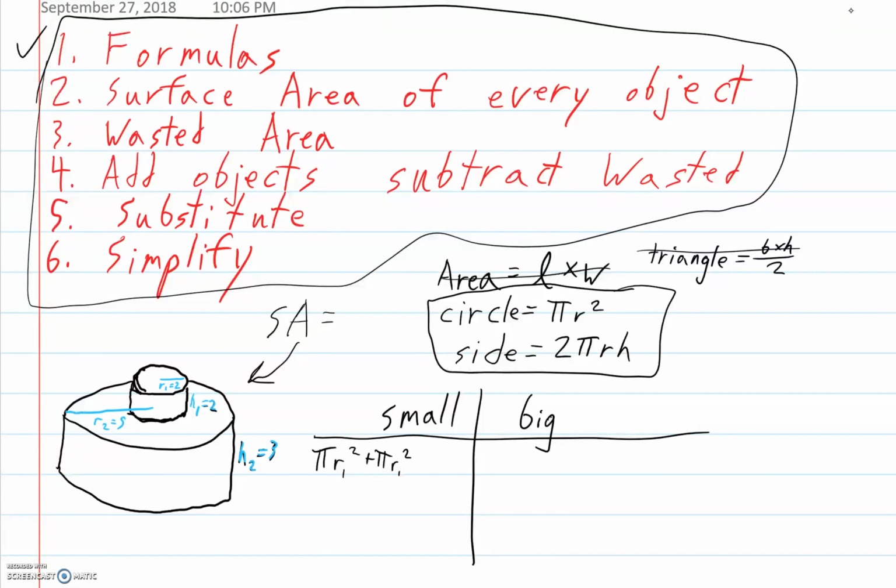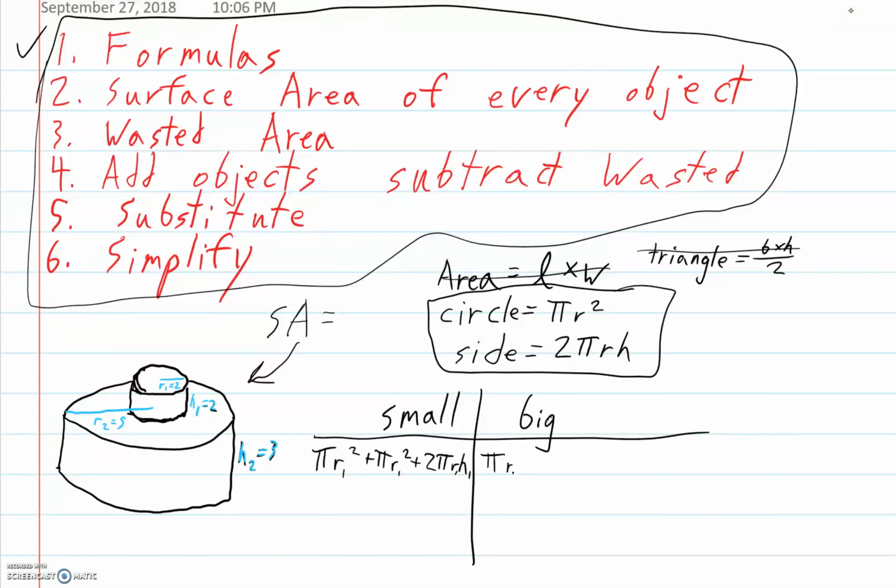plus pi R1 squared. So this is the top circle and the bottom circle added together, plus there's only one other side we can get for a cylinder, which is the side of it. So 2 pi R H. We need to have R1 and H1. Now looking at the big cylinder, we have basically the exact same thing except with R2.